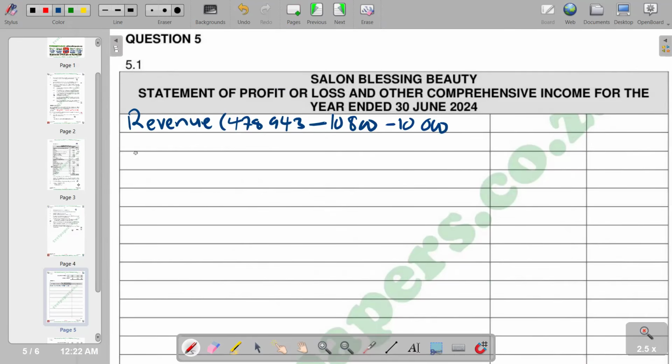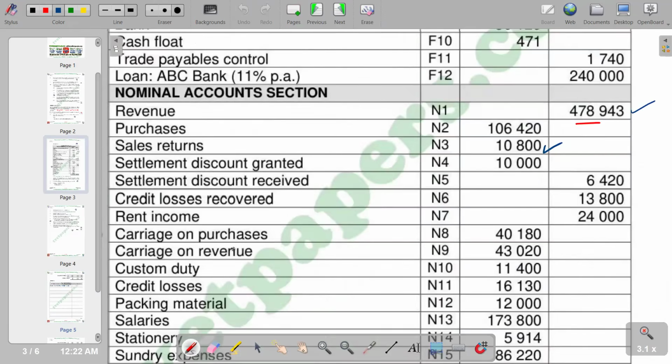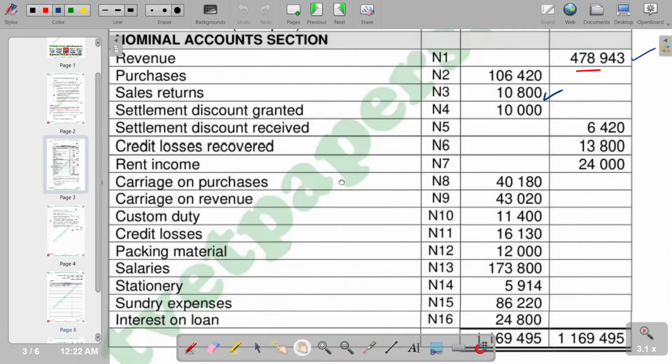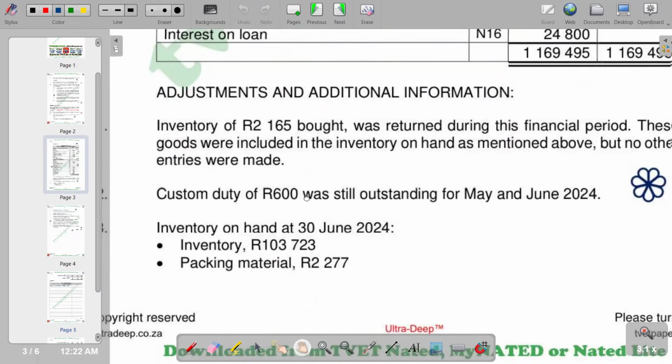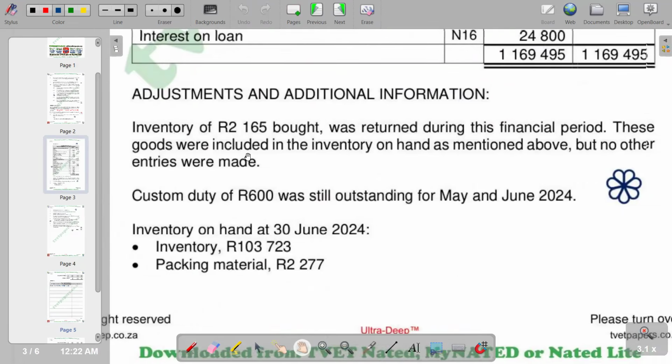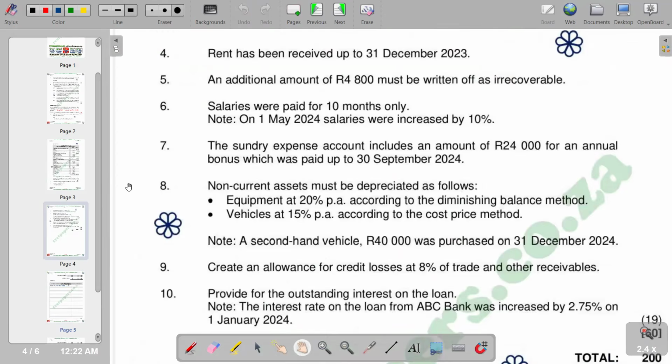With that, we move on to additional information to check if we have any adjustment that is affecting revenue again. We try to see if we have anything that is affecting our revenue. But if you go through, you'll see that we do not have any further adjustment affecting our revenue.